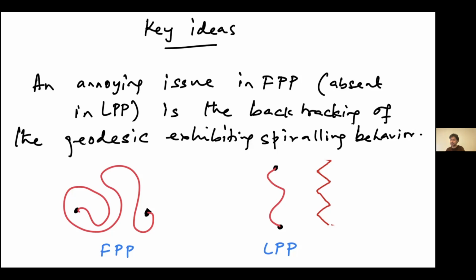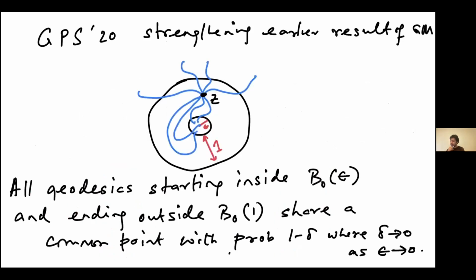And so that's one of the main issues that people face when they study FPP or LQG, which is also another model of FPP. And so somehow the first step is to control this issue using geodesic coalescence. And so here we use a result again from this paper of Ewan, Josh, and Scott Sheffield, which strengthens an earlier result of Gwen and Miller, which states as follows.